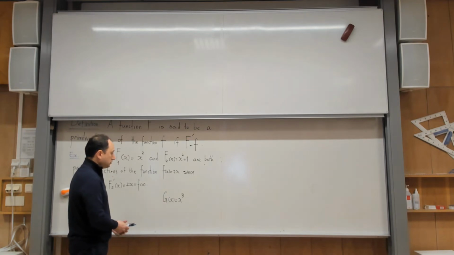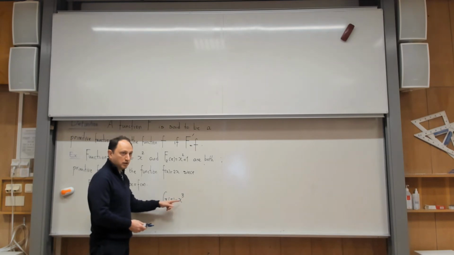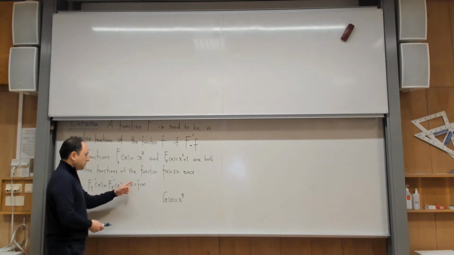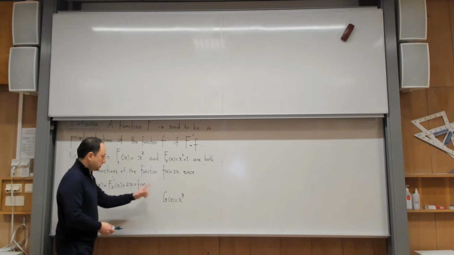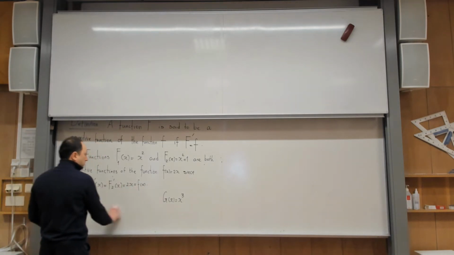You would say no, because if I differentiate it, the answer is 3x squared, and 3x squared is not equal to this one. So you say that F1 and F2 are primitive functions for f, but g of x is not a primitive function for f. It's very simple, the idea.